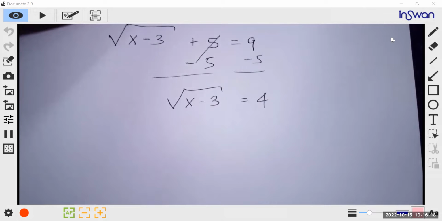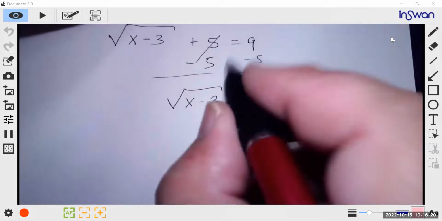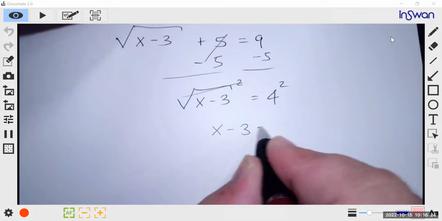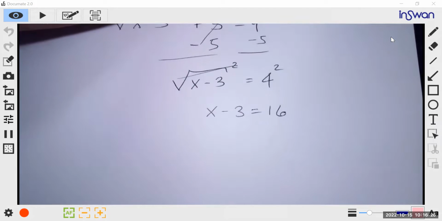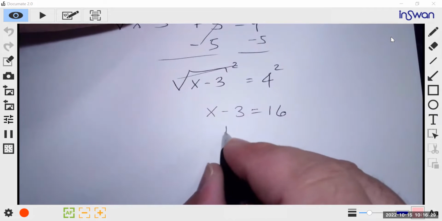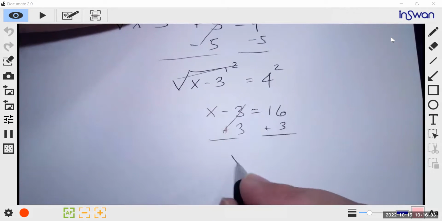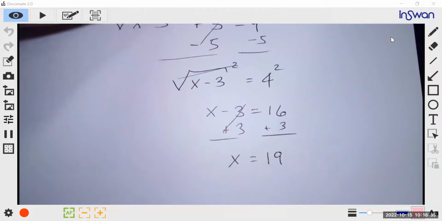Then square both sides. X minus 3 equals 16. And lastly, add 3 to both sides.